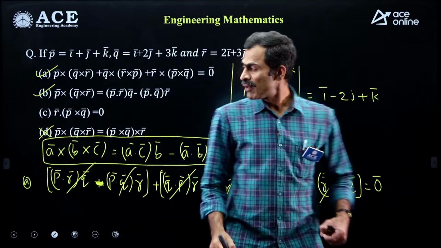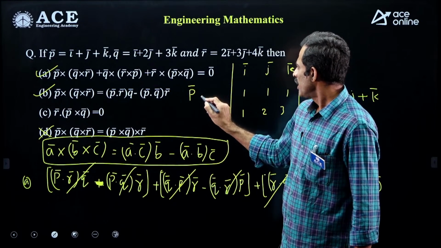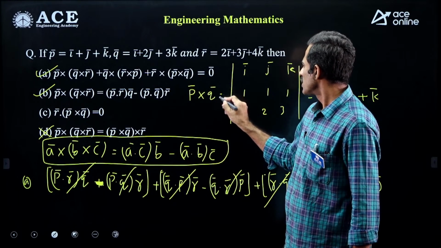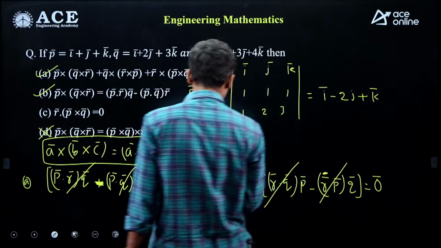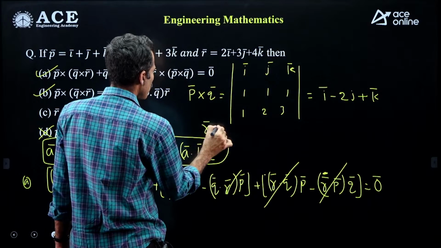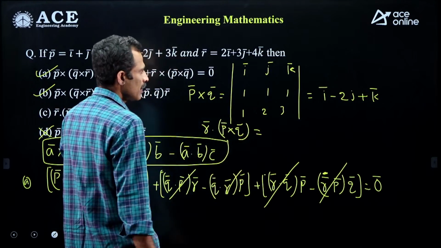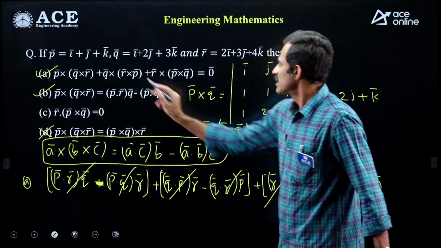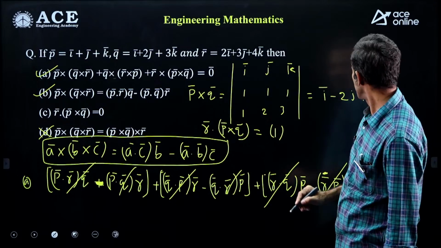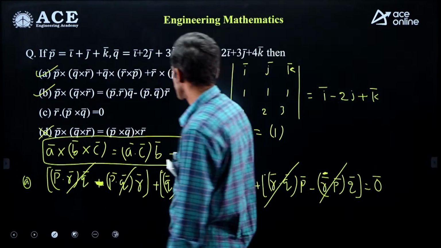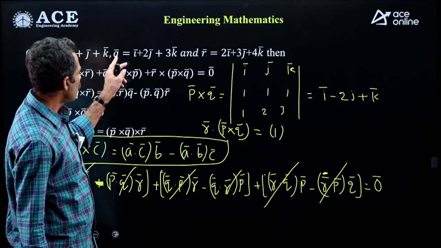Now we require the dot product of R bar with P bar cross Q bar. This is equal to this. Next, the dot product of these two vectors, R bar dot P bar cross Q bar. Between the two vectors the dot product is 1 into 1.